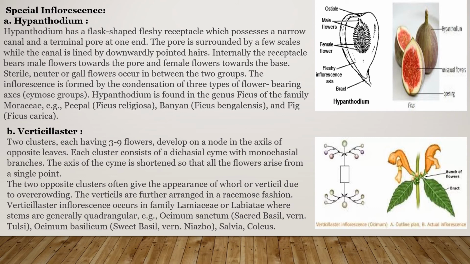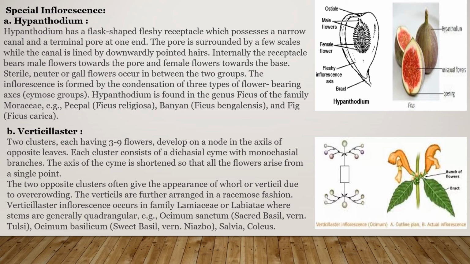The axis of the cyme is shortened so that all flowers arise from a single point. The two opposite clusters often give the appearance of a whorl or verticil due to overcrowding. The verticils are further arranged in a racemose fashion.